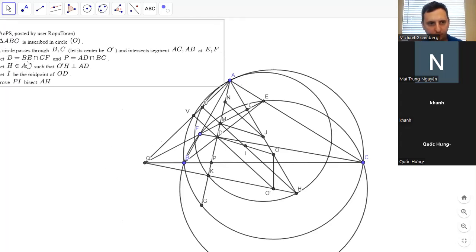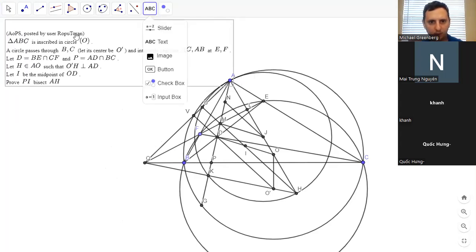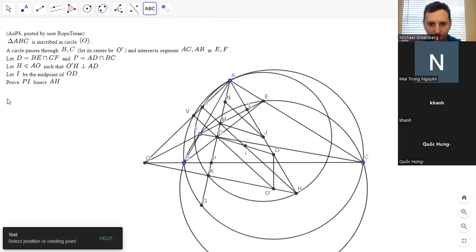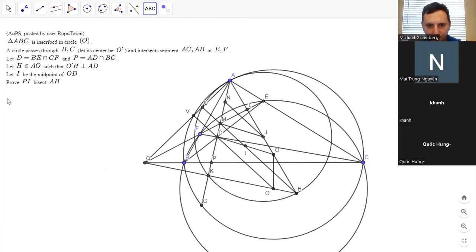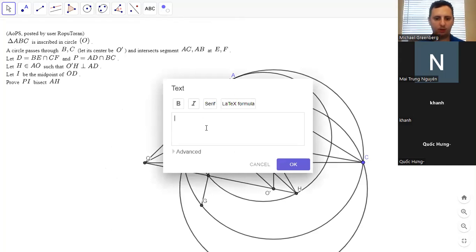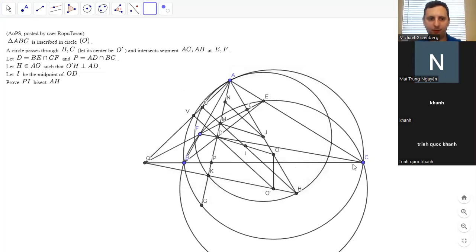By Brocard's theorem, let EF intersect BC at Q. This one wasn't that hard either. Maybe I can still find a harder one. And then by Brocard's theorem, O prime is the orthocenter of ADQ.